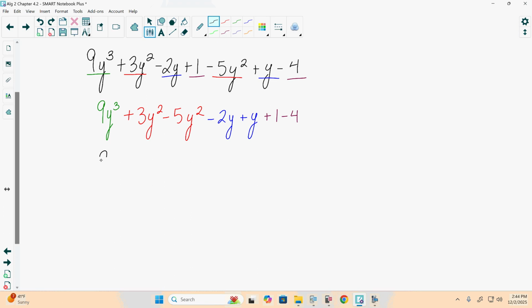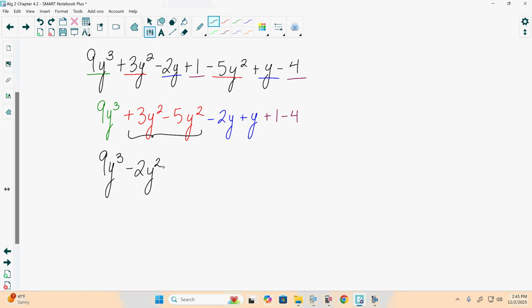Now at this point here, we can just combine like terms. Well, 9y cubed doesn't have any like terms, so it's just going to stay 9y cubed. Sorry, not squared. Our squared terms, 3y squared minus 5y squared. 3 minus 5 is going to be negative 2y squared.